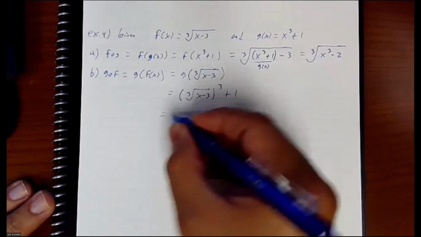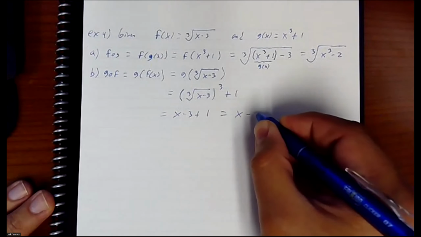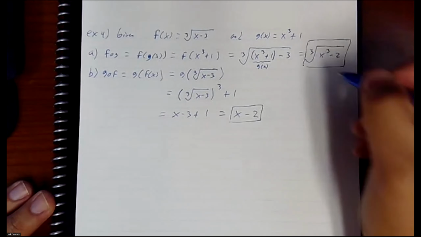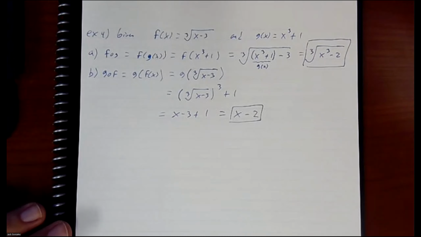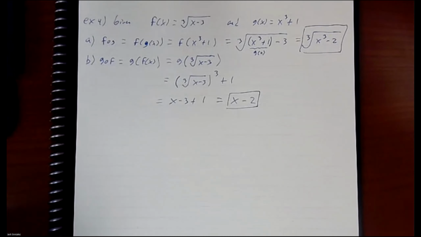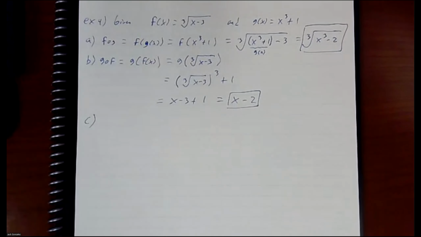That becomes x minus 3 plus 1, which is x minus 2. Is part B straightforward? Does it make sense? Yes. All right.